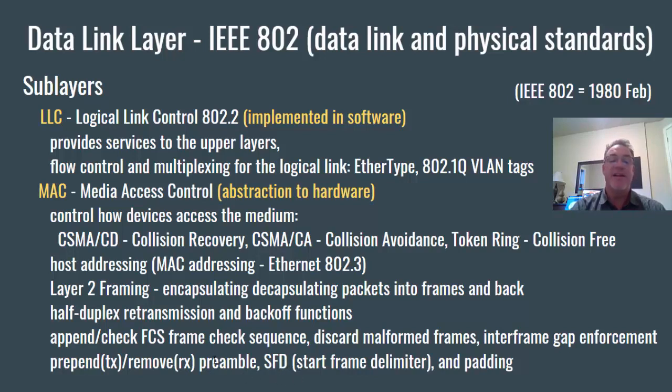This is all done at the hardware layer, and also adding padding to the frame for the interframe gap. So that's pretty interesting, and that's all happening at the sublayers of the data link layer, the LLC in software and the MAC sublayer in hardware.